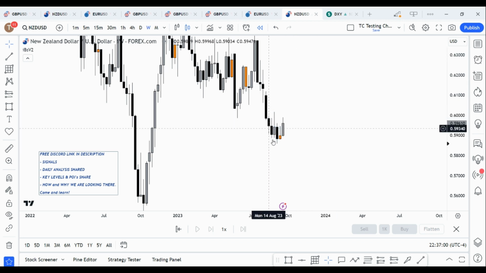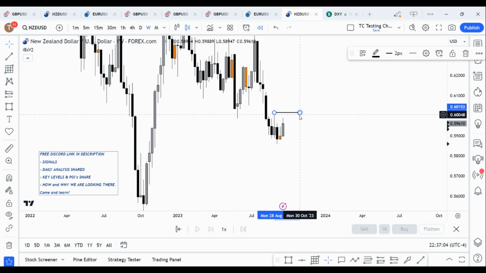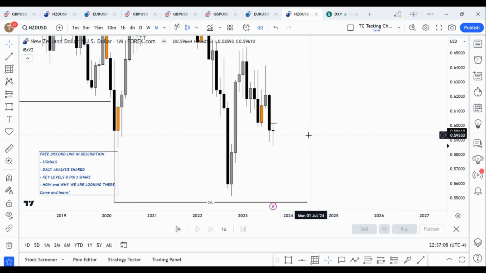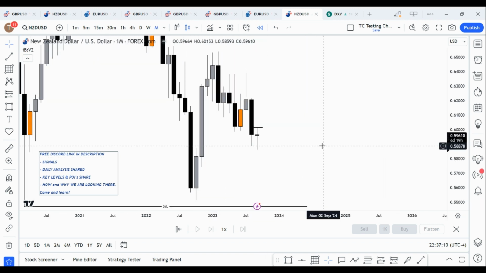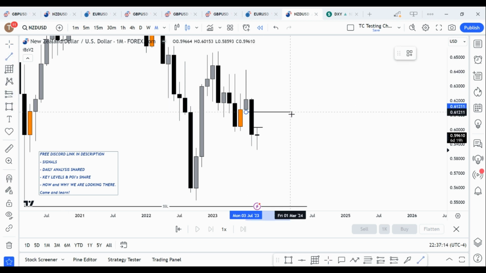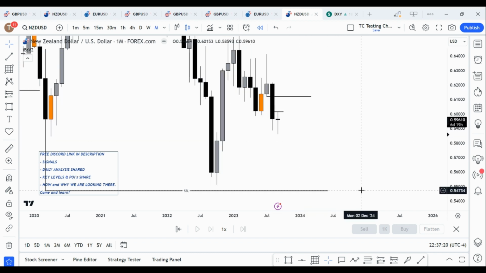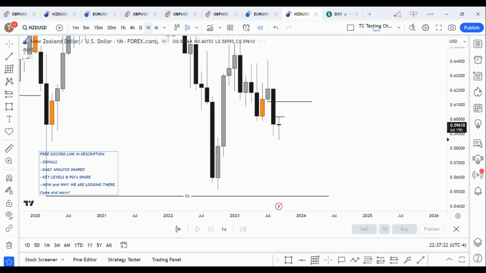So this at the moment is our point of interest. If this gets taken, we can just have an alert on this high. We can drop back out to the monthly time frame to understand where they may be drawing price to, which they may want to bring price a little bit higher up into a monthly level before continuing the sell-off in line with institutional order flow towards these lows.